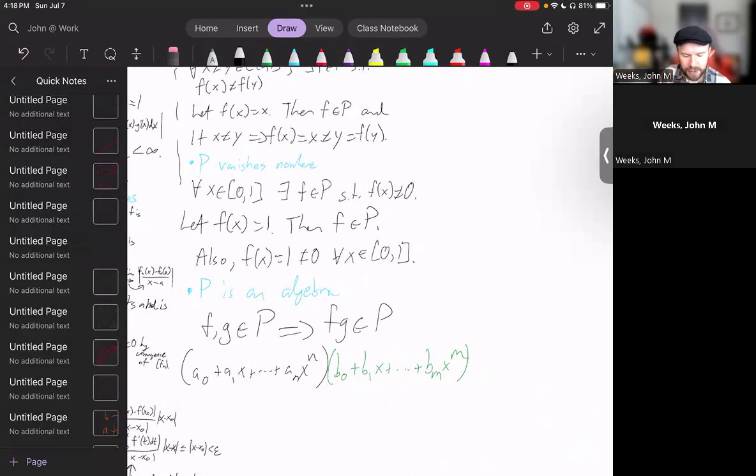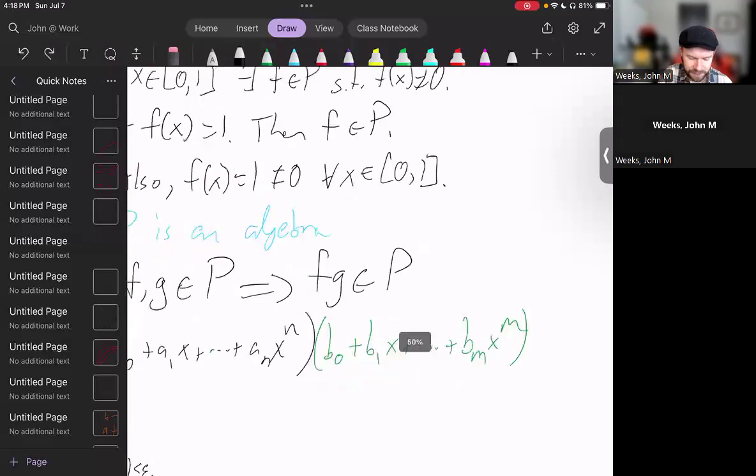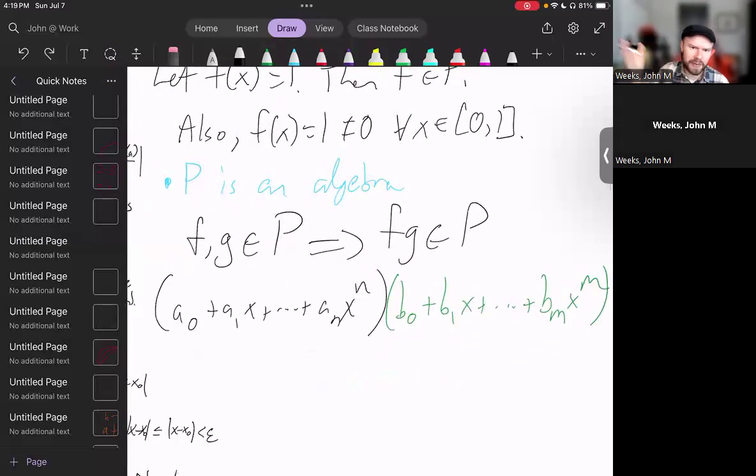So how am I going to do this? Well, I know that this is going to be the product of using the FOIL technique on each of these things. Some of you may have some success here using induction on the degree of each of these to make this a bit more clean than what I will try to do. But we could also just consider this as distributing one set of parentheses to each of the terms inside the other parentheses.